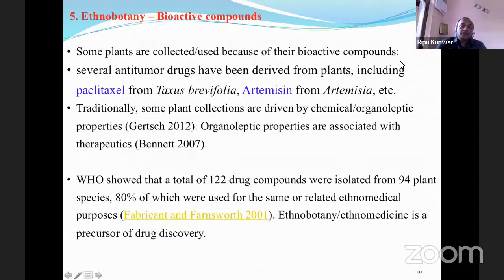Even in WHO data, a total of 120 drug compounds were isolated from 94 plant species, of which 80% were rooted in ethnomedicinal purposes. So ethnobotany or ethnomedicine is a precursor of drug discovery.